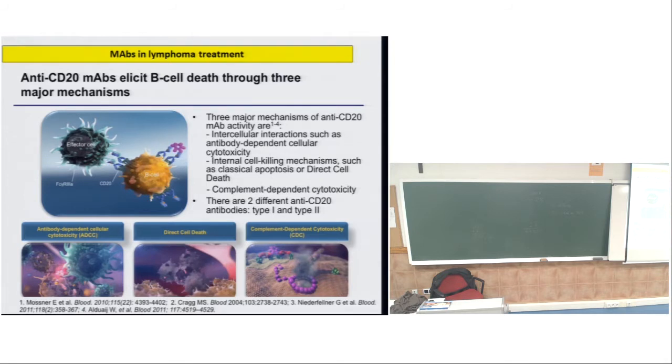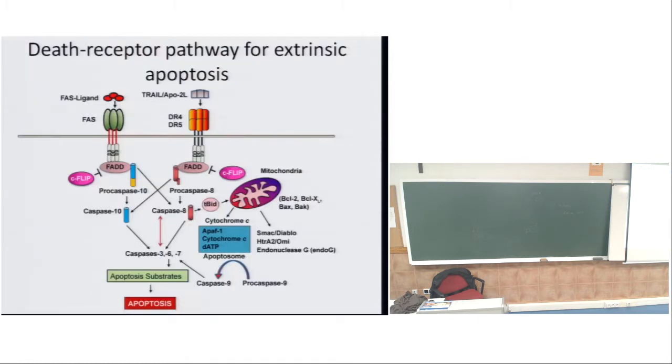The way this monoclonal antibody induces the death of tumor cells is, as I told you, through these three mechanisms mainly: complement-dependent cytotoxicity, antibody-dependent cellular cytotoxicity, and also inducing the apoptosis of the cell.